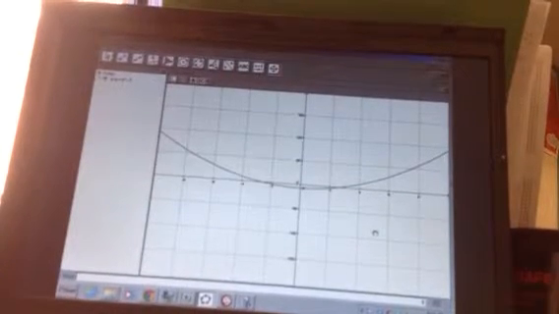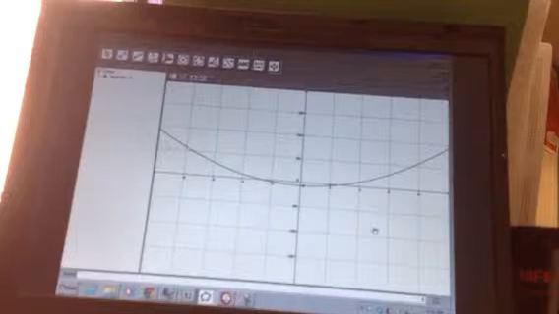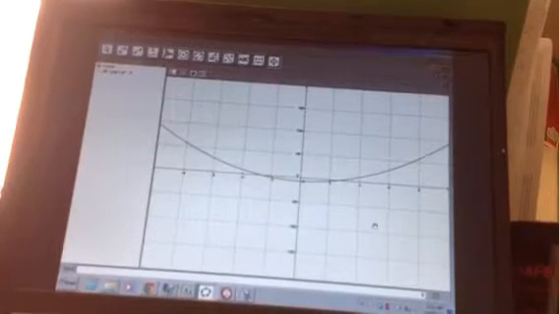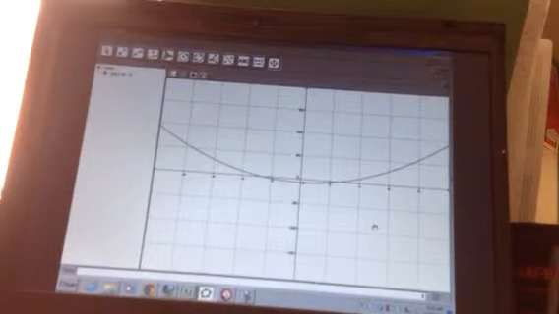It majorly changed the appearance, right? My equation is still the same. So the point is, same graph, different window, it looks very different.